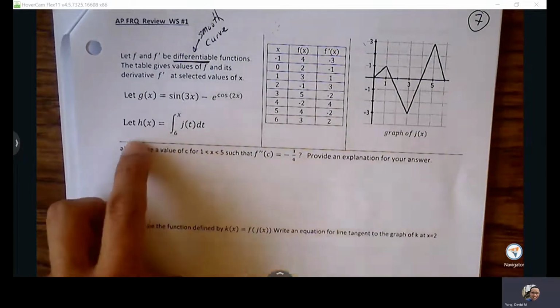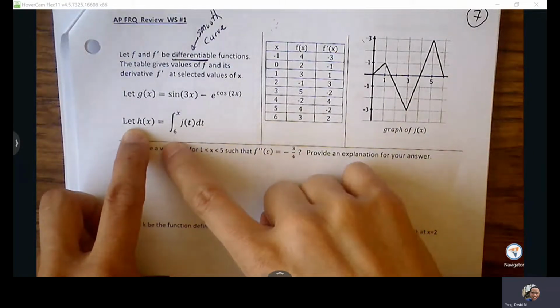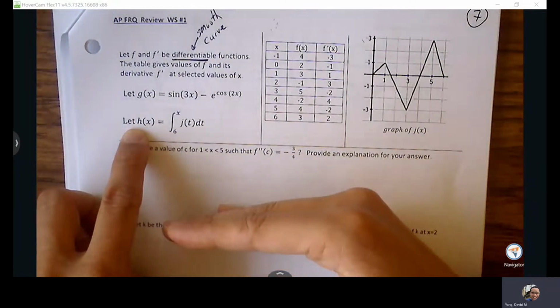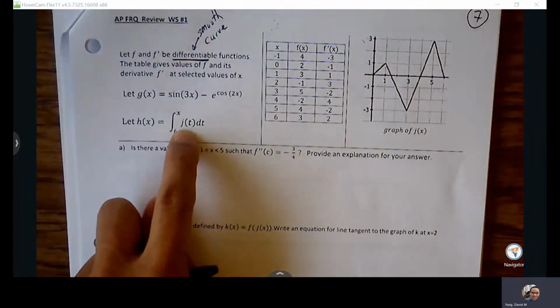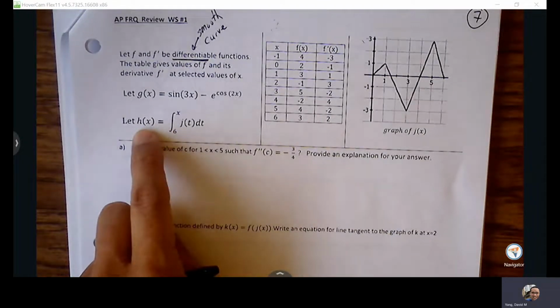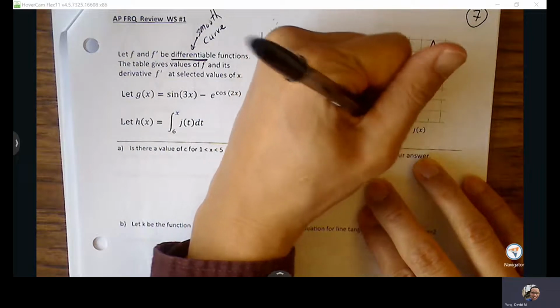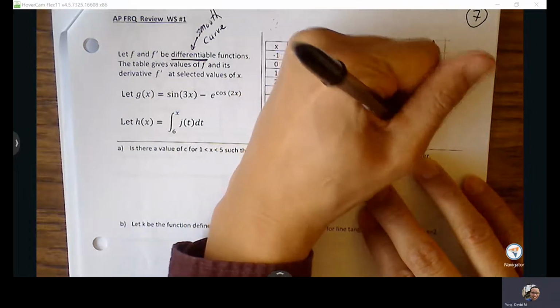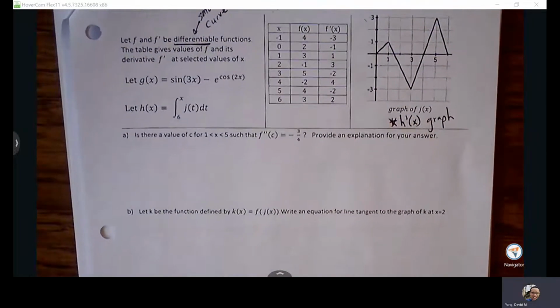Because in order for h and j to be equal, I have to take the j of x graph and move it up a level. So j is really sitting at a level below h, which means j is really at the h prime level. So we can also think of this as the h prime graph. Okay, we'll come back to that when we need it.